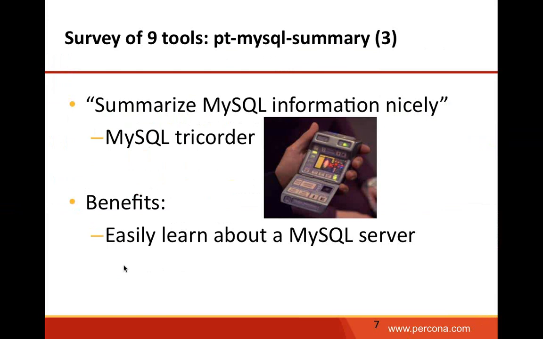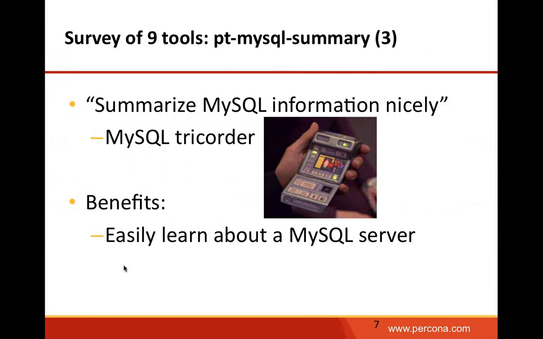So let's move on to tool number 3, yet another very different tool, which is pt-mysql-summary. Very simple tool as well. So this summarizes MySQL information nicely. I like to think of this as a MySQL tricorder, and I realize that that reference doesn't resonate with everyone. A tricorder comes from Star Trek.